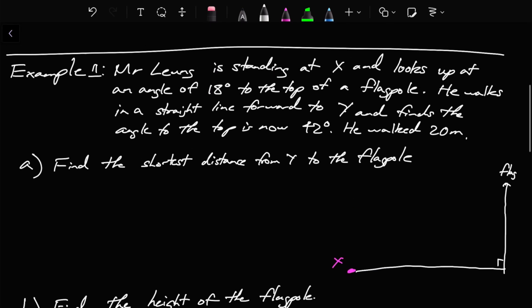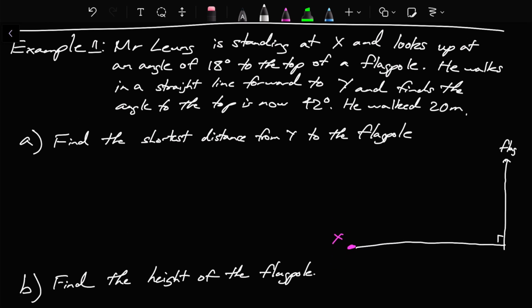Okay, we're told that he looks up at an angle of 18 degrees to the top of the flagpole. So if we draw this, we know that this angle here is 18 degrees. Then we're told that he walks in a straight line forward to Y and finds the angle to the top is now 42 degrees. So we can label a point, let's say here. We'll label this Y.